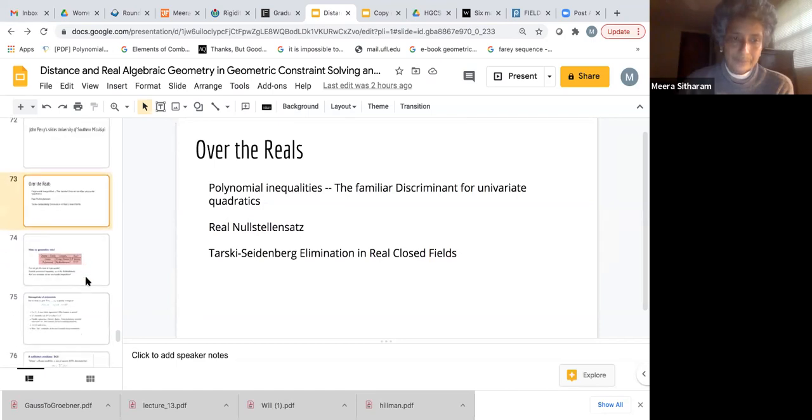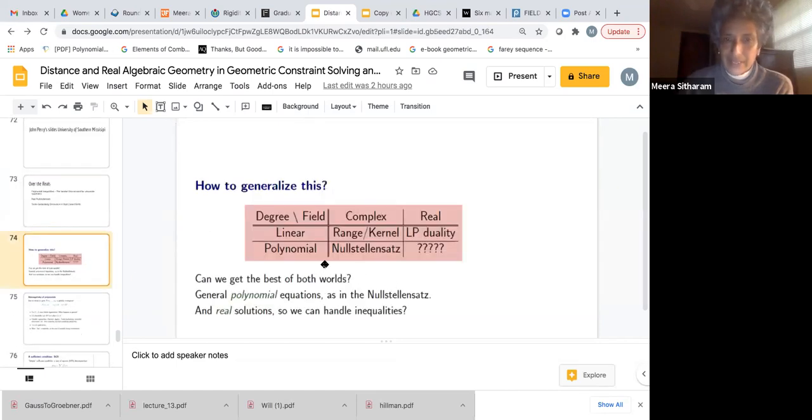In the linear case we have LP duality, for linear systems and inequalities, and in the complex polynomial case we have Nullstellensatz. The question is, what can we do over the reals? If you have polynomial systems and we want real solutions, what do we do?